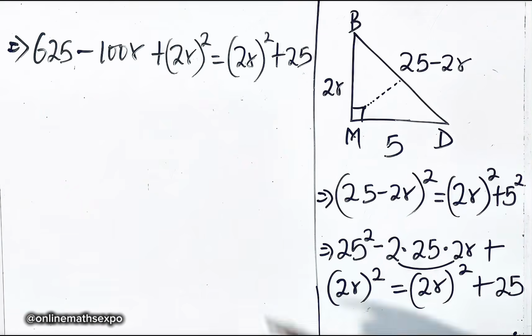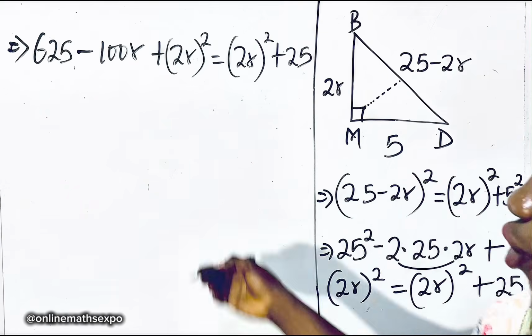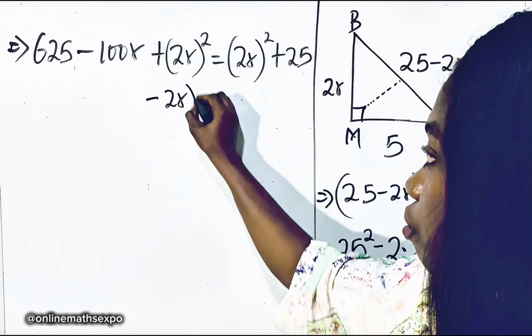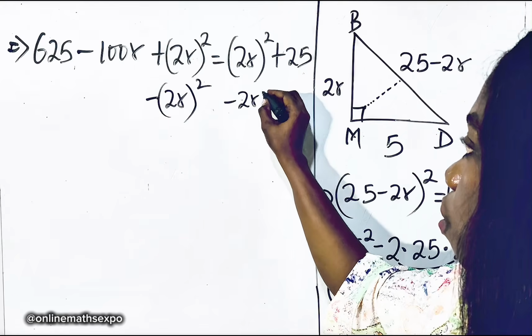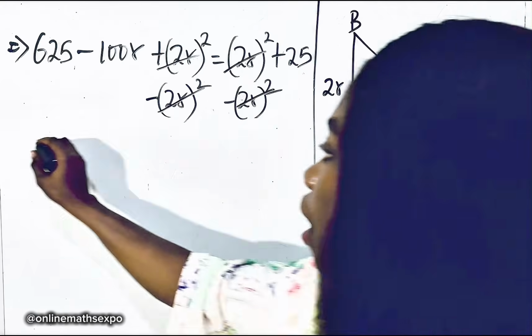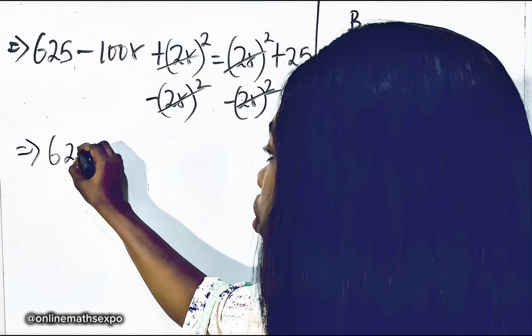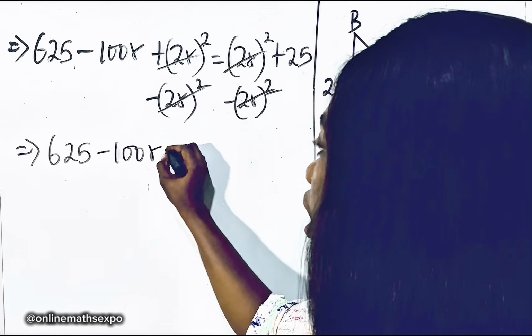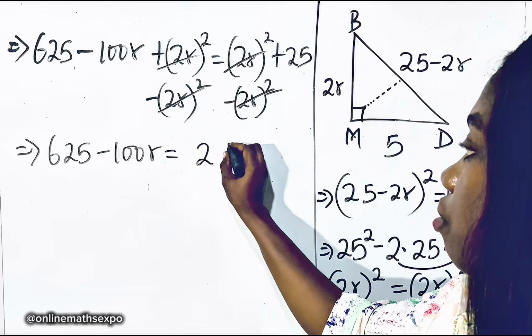Now you observe that these are both positive. So to remove it, subtract from both sides. And when you subtract, it's gone. So we are left with 625 minus 100R is equal to 25.